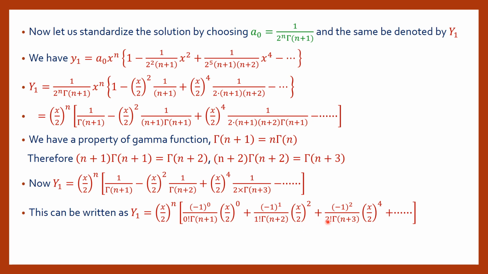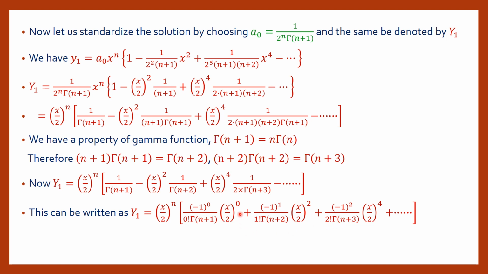When r equal to 2, it is 2 factorial. So in the rth term, in the denominator, we have r factorial. Similarly, for the 0th term, gamma of n plus 1, first place it is gamma of n plus 2, third place we have gamma of n plus 3, means at the rth place we will have gamma of n plus r plus 1.